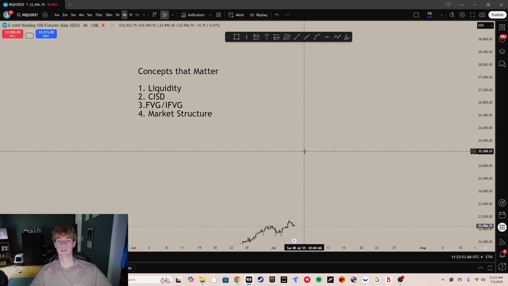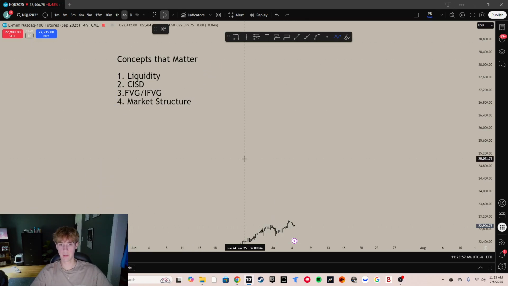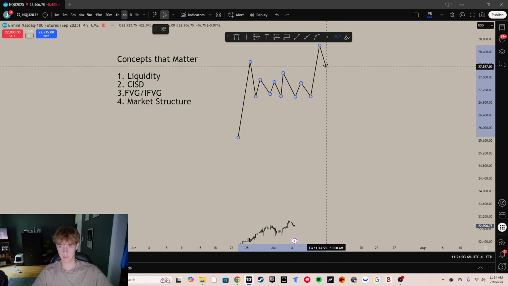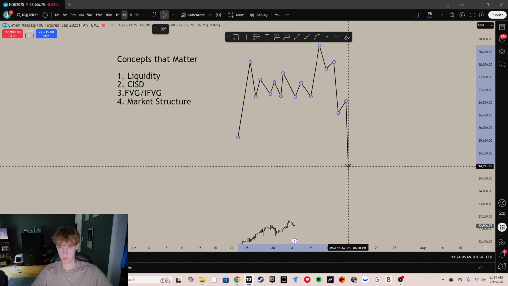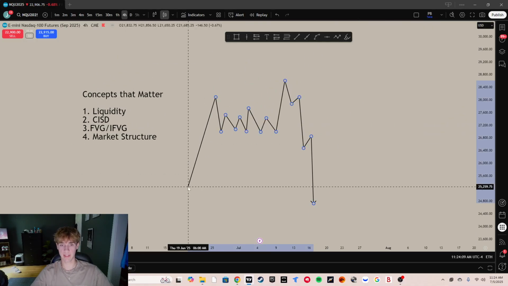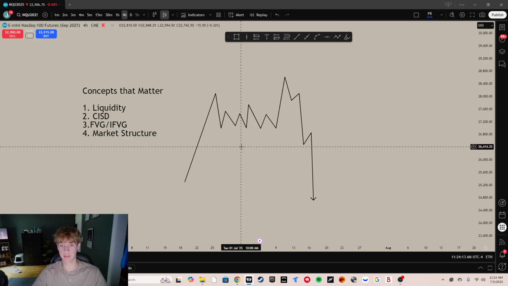Lastly, market structure. Very important as well. We can draw out a little thing right here. Okay, what we can take out of this, overall market structure, we could say this is maybe on the 15-minute time frame.